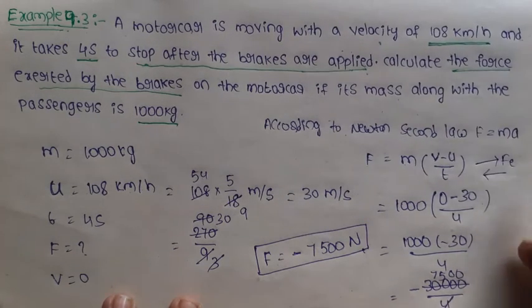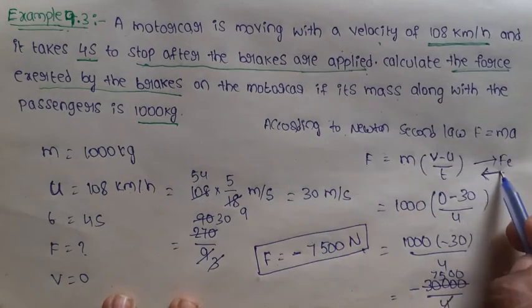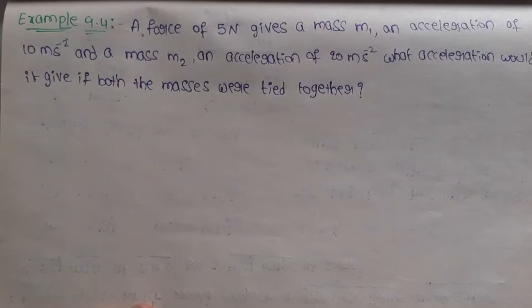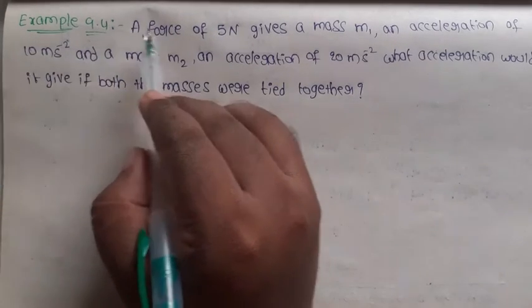This is the external force, this is the motion of the motor car. So the opposite force is represented by minus, its value is 7500 Newton. So the force acting on the motor car is minus 7500 Newton. This is the answer. Next question, example 9.4.